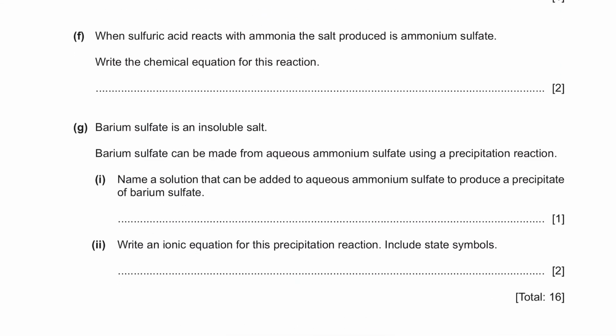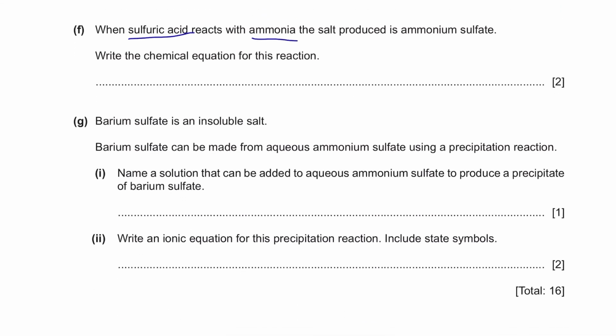Part F. When sulfuric acid reacts with ammonia, the salt is produced and it's called ammonium sulfate. Write the chemical equation for this reaction. Easy, just change it to chemical formula. Let's write ammonia first because it's ammonium sulfate. NH3 plus H2SO4 gives ammonium sulfate.